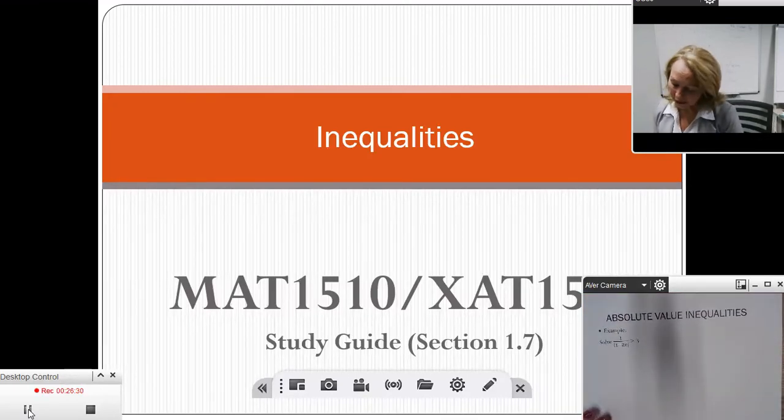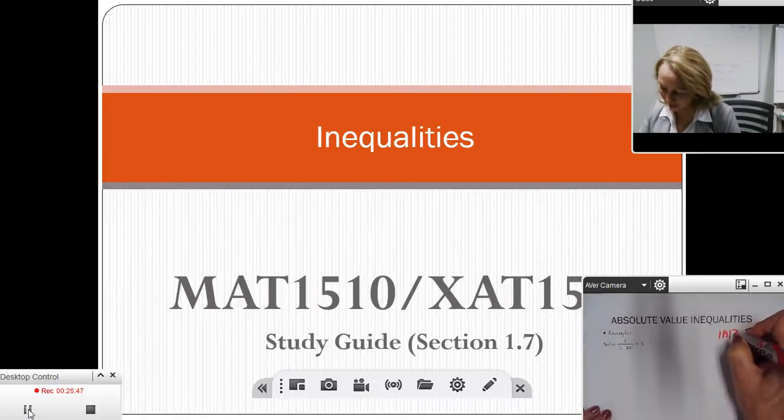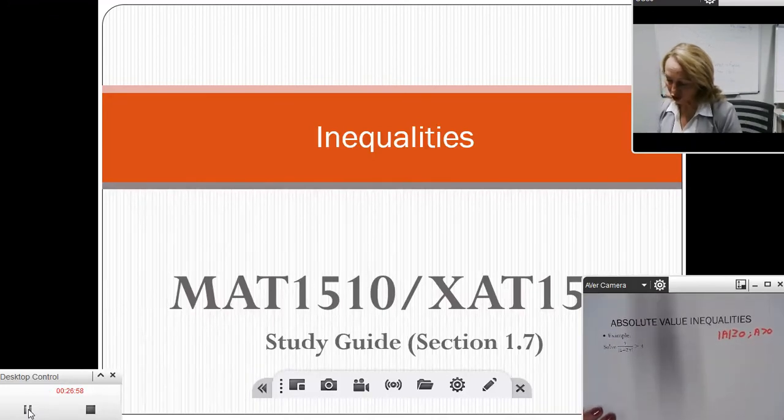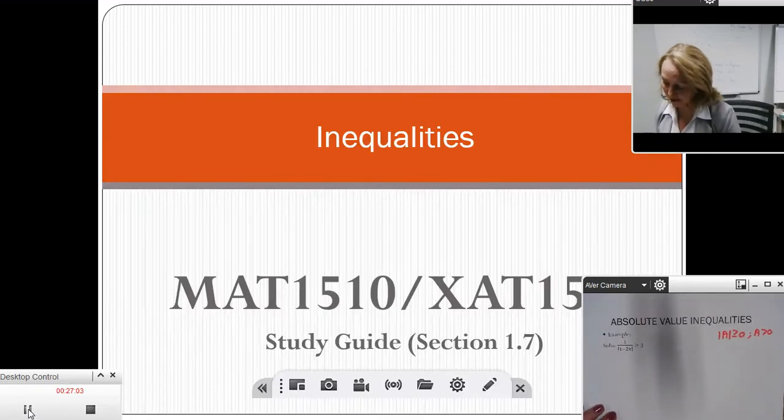The next type of inequality I'd like to discuss is absolute value inequalities. Now you remember from our previous lesson on absolute values that the definition of an absolute value is that it is a when a is greater than or equal to 0, and when we have a less than 0, then we've got to do something about the expression between the absolute values.